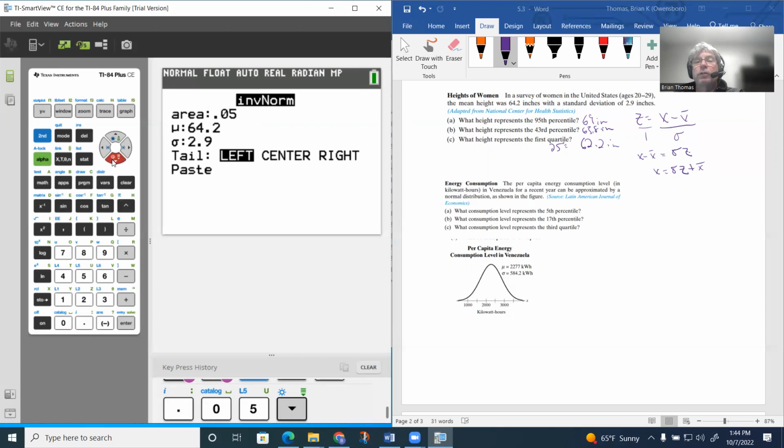The mean this time is going to be 2277 kilowatt hours. So 2277. My standard deviation, oops, I got too many 7s there, don't I? Let's take one off there. There we go, it looks good. Standard deviation would be 584.2 kilowatt hours.